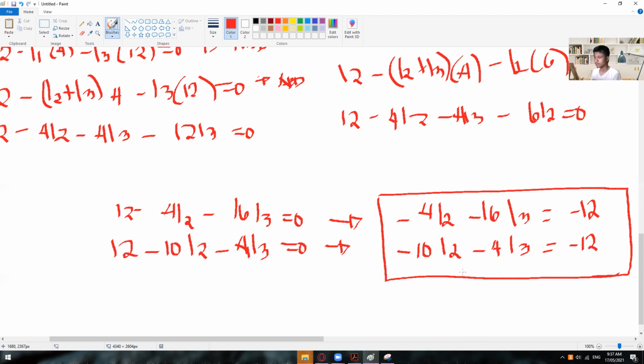So we have negative 4, negative 16, and then negative 12. And we also have negative 10, negative 4, and then negative 12. So for the I sub 2, we have 1 amp. And for the I sub 3, we have 0.5 amps.